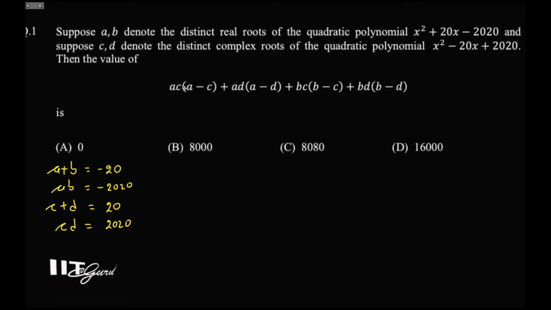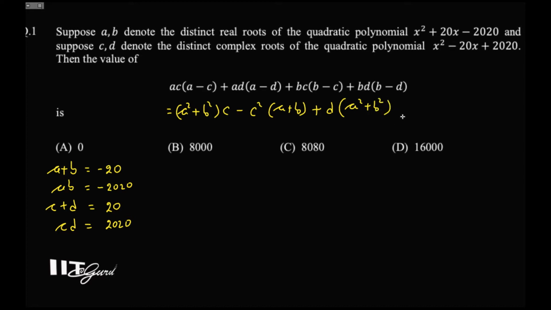So we get A square C, and if you take C common, you will find A square plus B square under bracket times C. Then after minus, similarly C square under bracket times A plus B, and now plus D times A square plus B square.